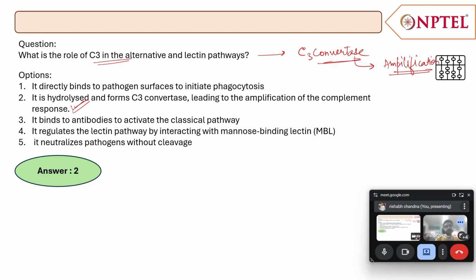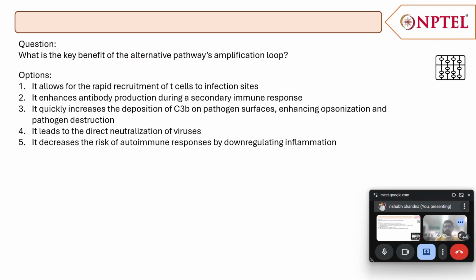Okay, so let's move on. What is the key benefit of the alternative pathway's amplification loop?